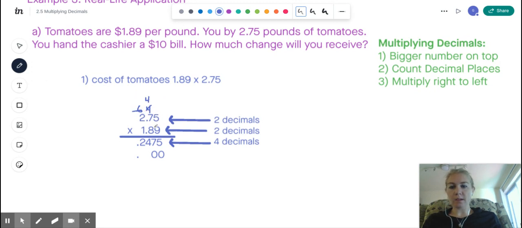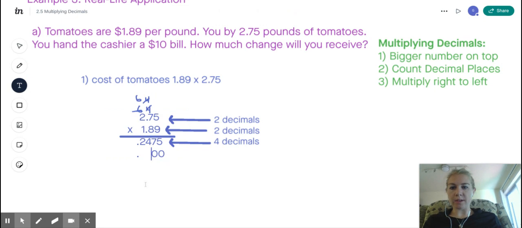Okay, 8 times 7 is 56, plus 4 is 60. So my 6 is going to go above the 2. Cross out that 4. And we can't forget about the 0. That goes down below.